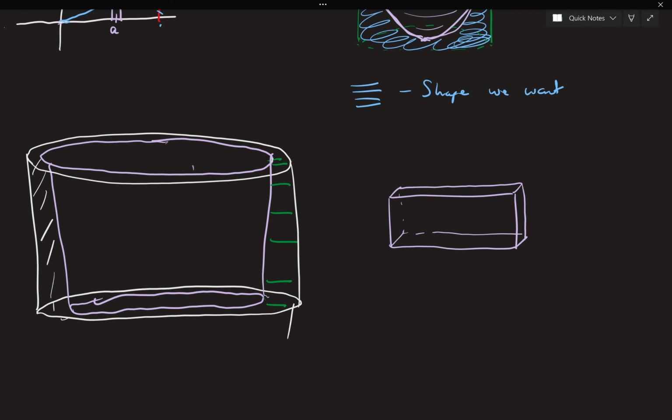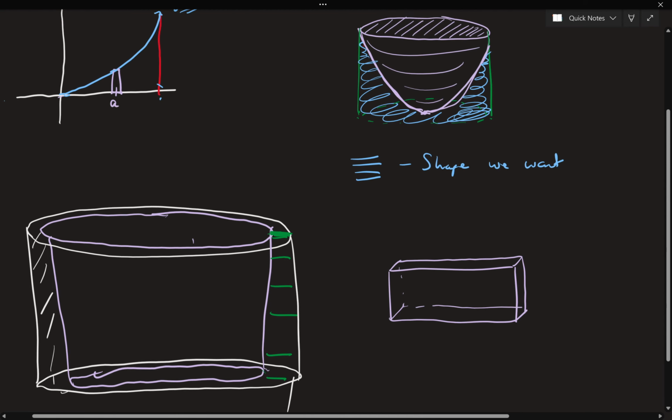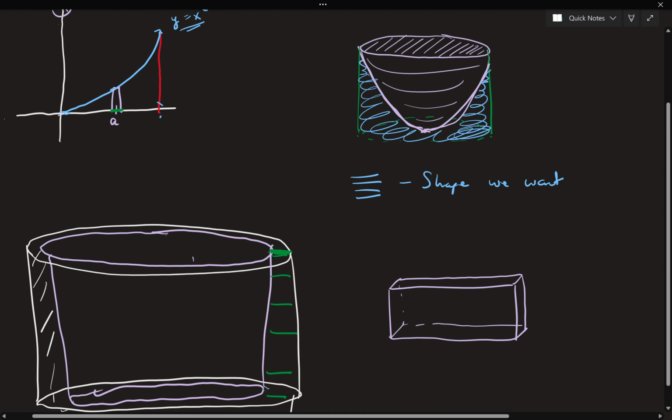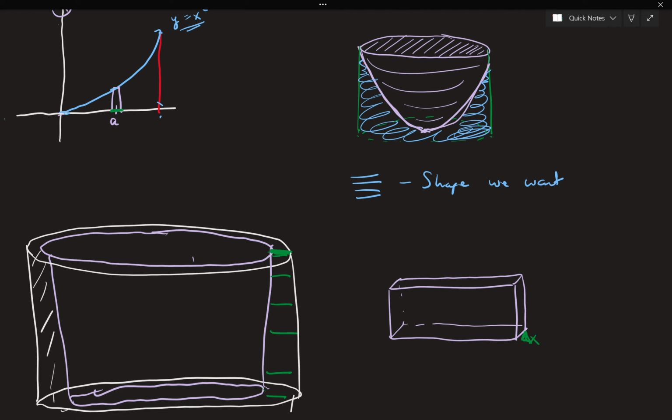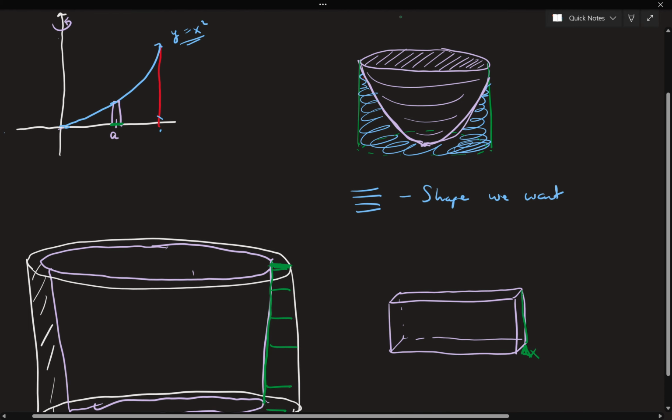Okay, so what are the dimensions of this? Well, the really thin part is this infinitely small delta x. It's that super thin width, let's say delta x. The height of this cylinder is just the height of this rectangle.